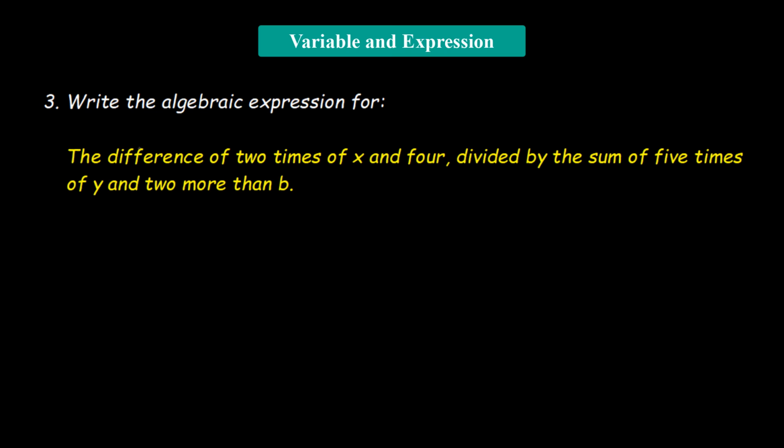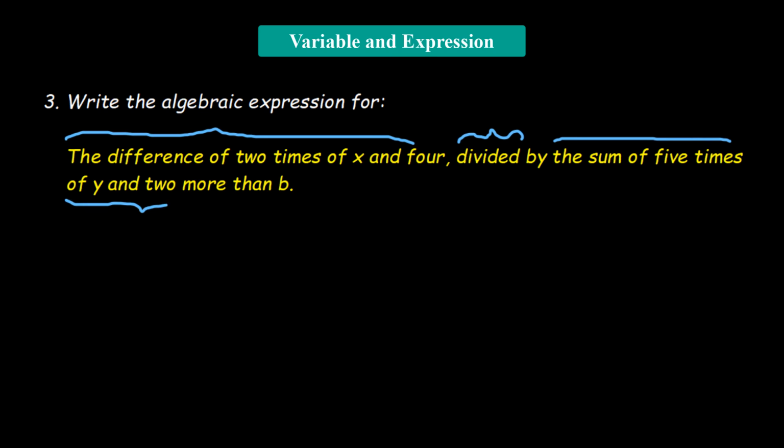So here, we have two statements. The first one is the difference of 2 times of x and 4. So this is one statement. Now this statement is divided by the second statement, which is the sum of 5 times of y and 2 more than b.